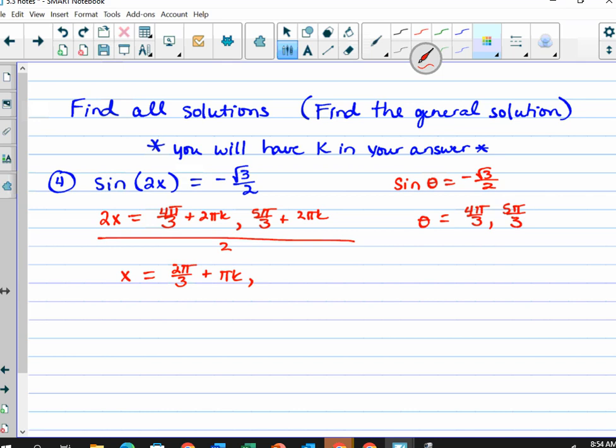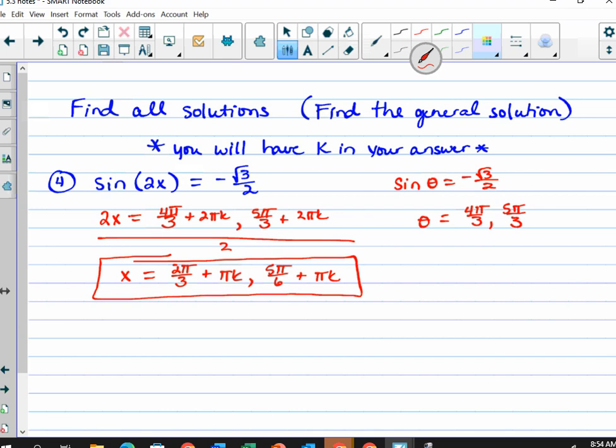And 5 pi over 6 plus pi k. And you're done there. You couldn't list all of them, because you could just keep adding pi. Why are there two solutions?